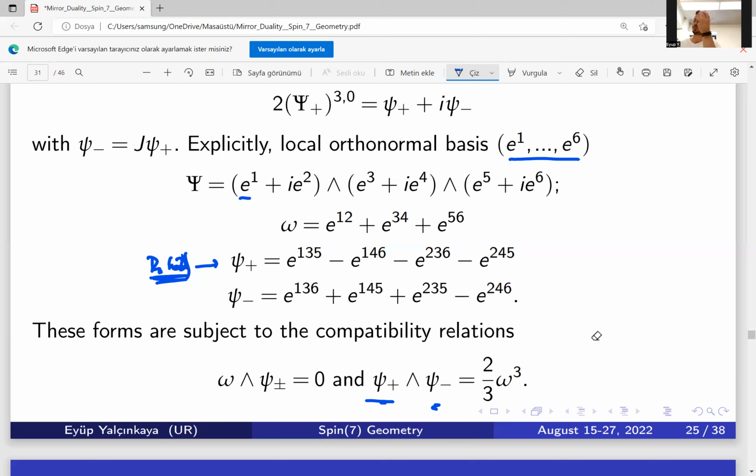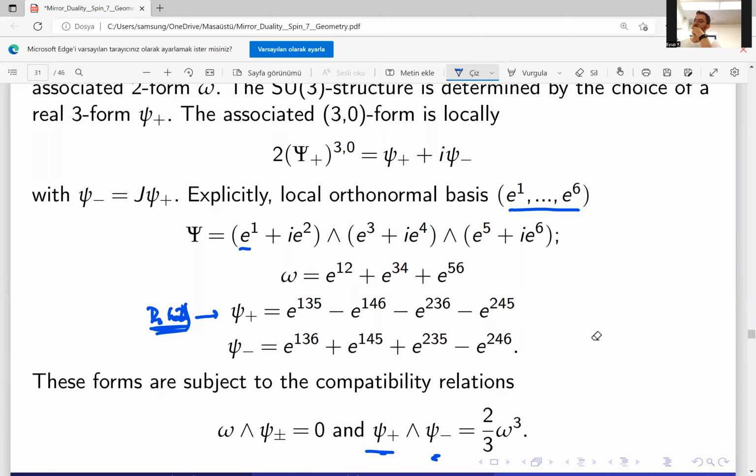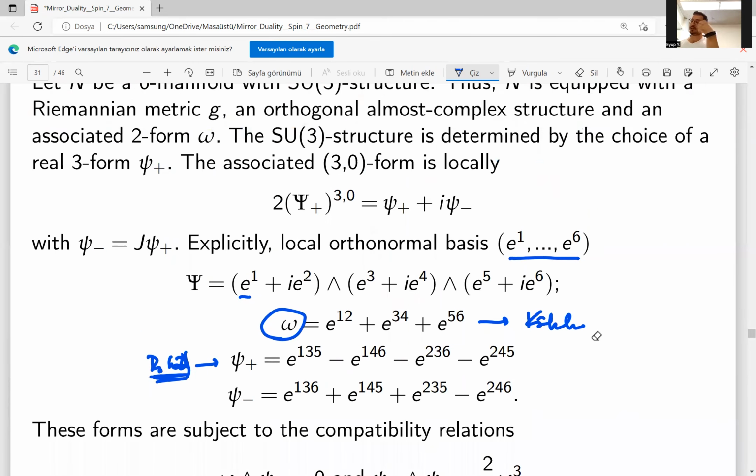So this is a good relation for us. From here, this is the Kähler form, a 2-form, as you can check. For this case, at least we see a non-trivial example. This is our omega, and this is our (1,1)-form.